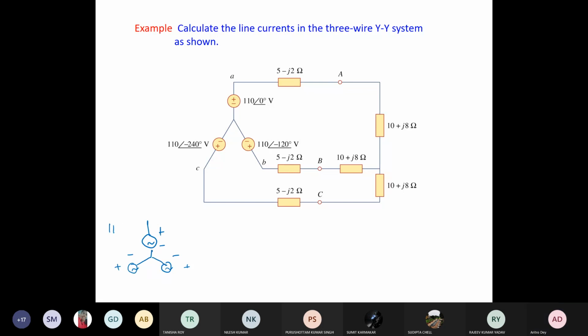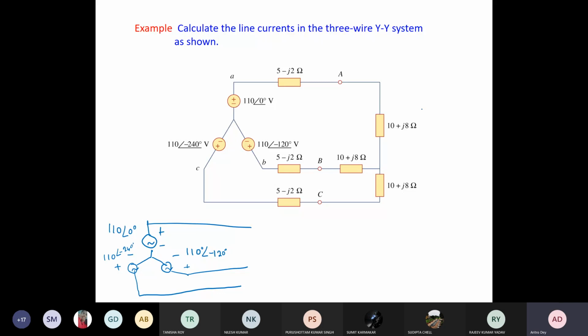This is 110 angle 0, this is 110 angle minus 120, and this is 110 angle minus 240. And along with this, you have connected three loads.